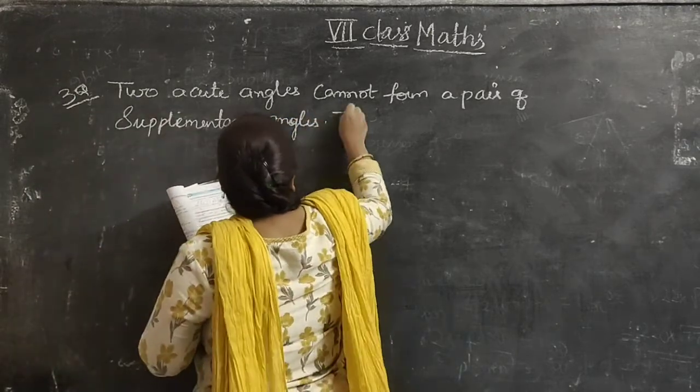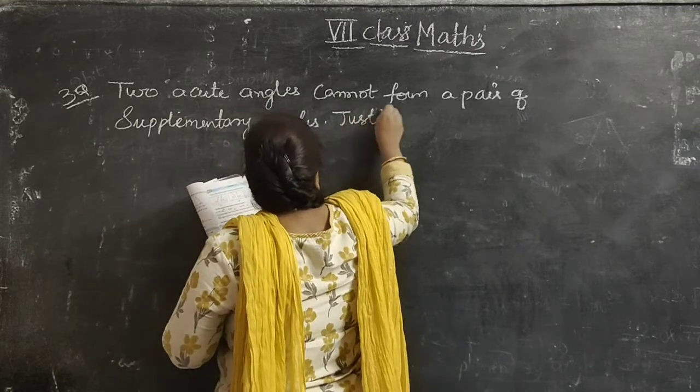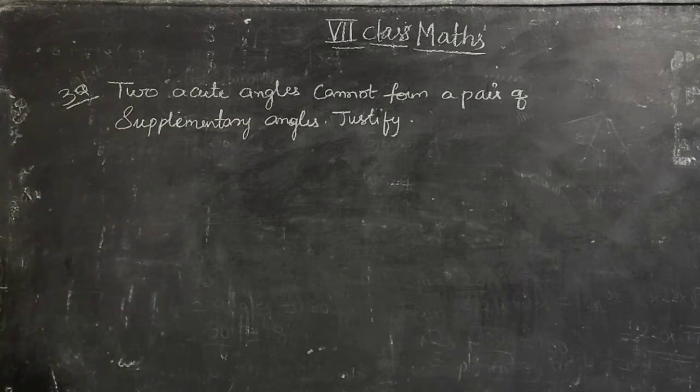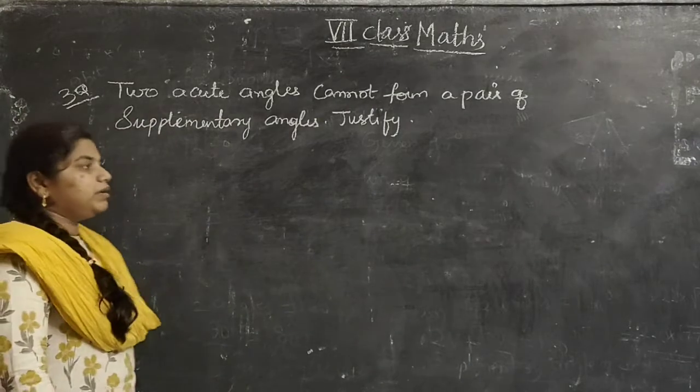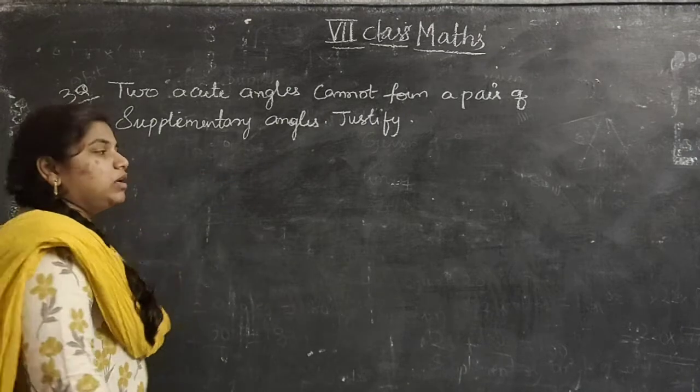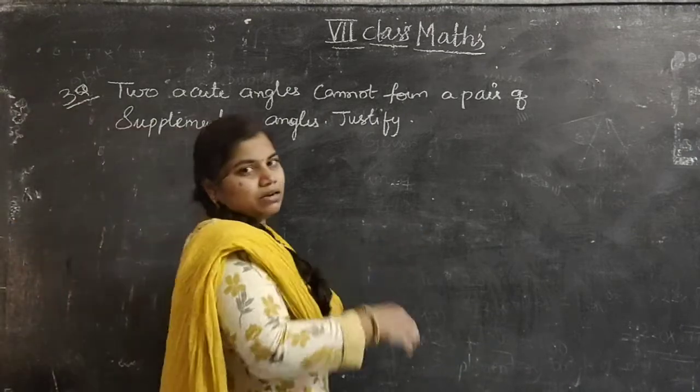So we have to justify that. So what is the question? Two acute angles cannot form a pair of supplementary angles. Justify. So if you take any two acute angles, acute angles means it will be less than 90.